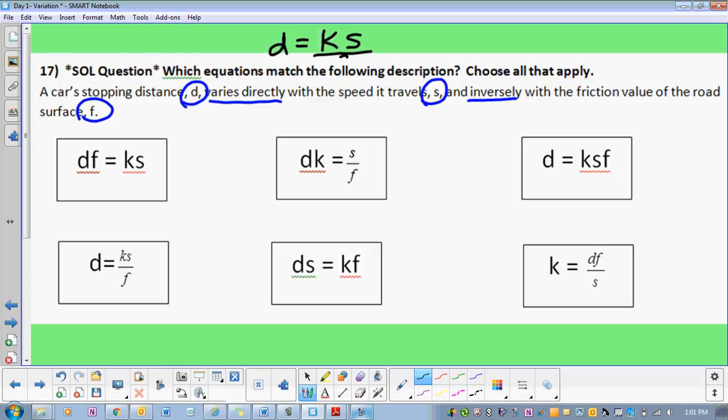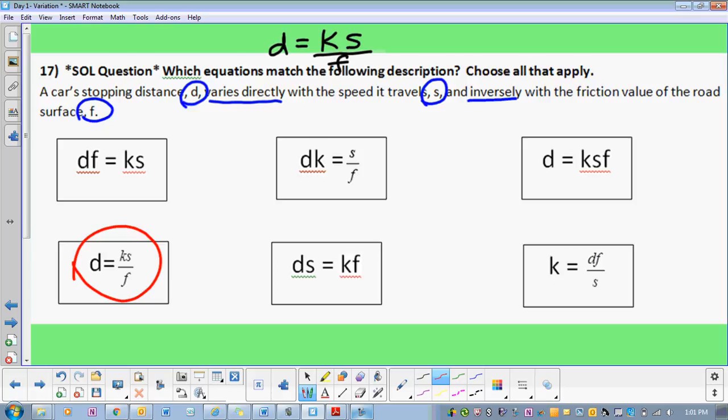Is there only one answer? Choose all that apply. I can only think of one. I got 2. All right, so we have D equals KS over F. Do you agree? All right, so this one. That one definitely, because that is the equation, right? Isn't it also the one above it?